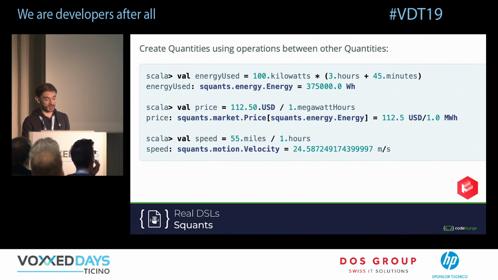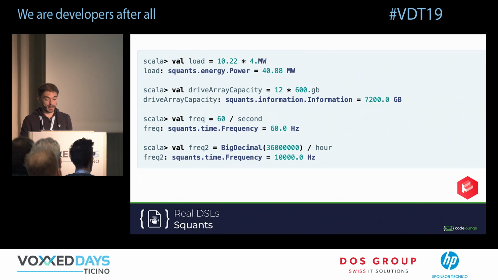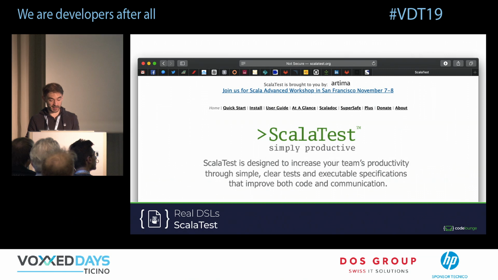And you can imagine you can do a speed in miles per hour, and by default, it will get the value in meters per second, okay? And again, you can do something even with information, frequencies, or other stuff. There's really a lot implemented there. So this is for your curiosity.